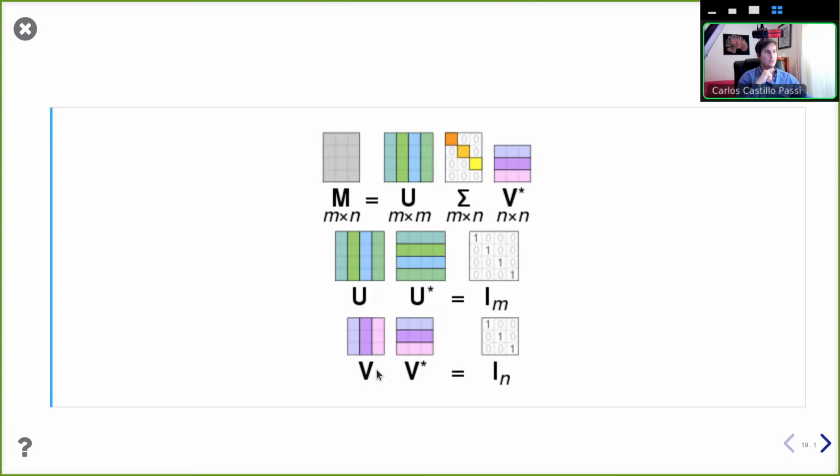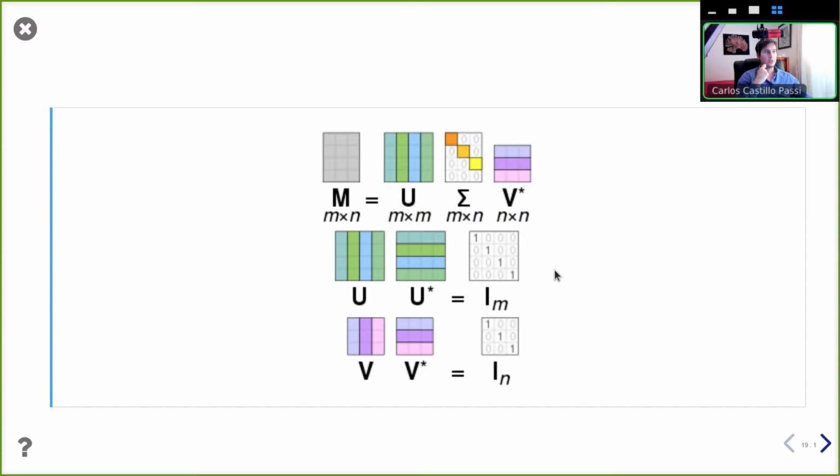And you can do the same with V, but instead of the identity matrix of size M, you get the identity matrix of size N. And another thing, this diagonal matrix is not square, by the way, but you have these diagonal terms that decay very rapidly. The singular values decay very rapidly.